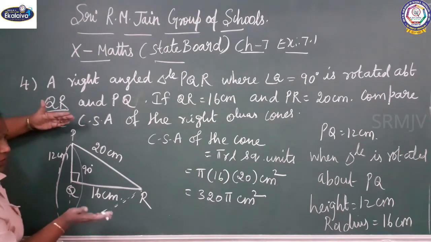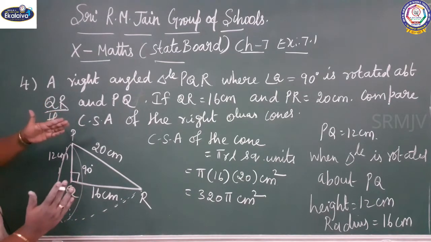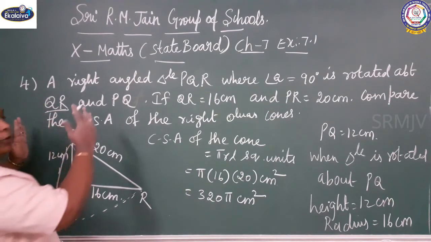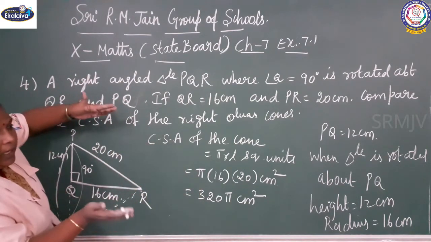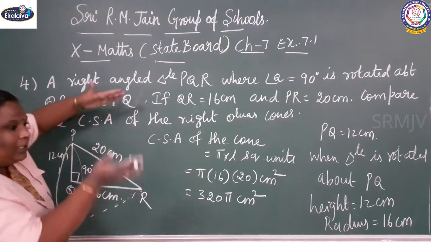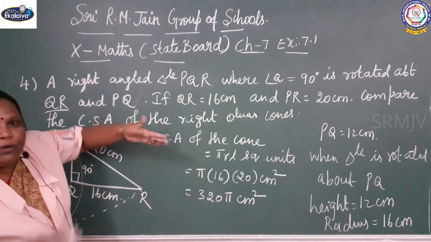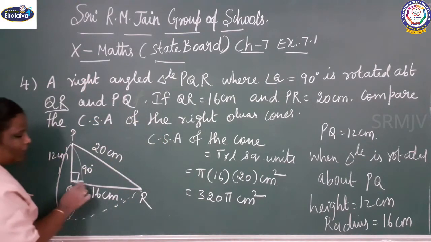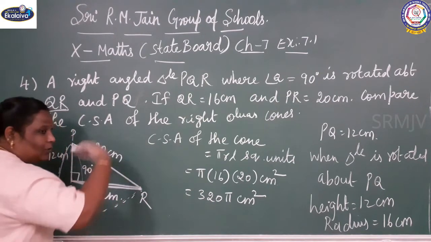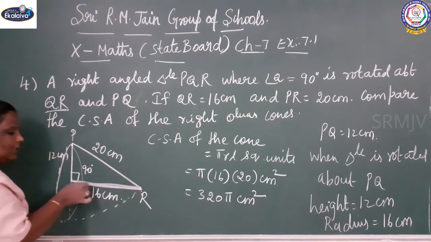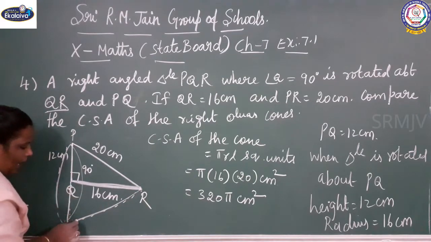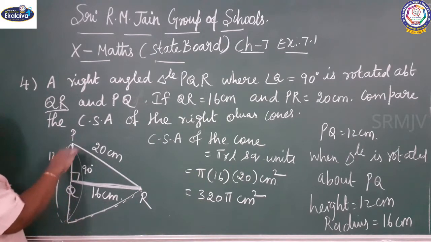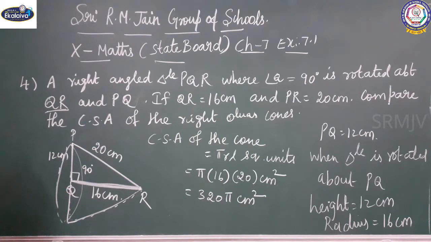You can imagine the cone like this. When the triangle is rotated about PQ the cone is like this; when rotated about QR the cone is like this. QR is the height of the cone and PQ is the radius of the cone.